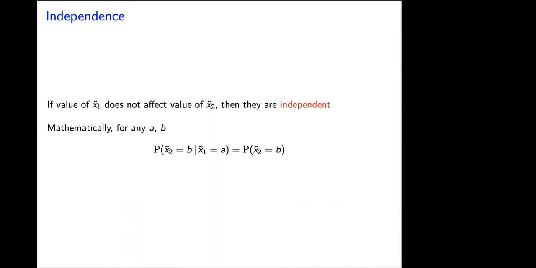Me putting on a particular pair of shoes today does not influence whether the subway is going to be shut down, nor do they have some shared factor, right? So then you would say that these are independent variables. So you would say the probability that the subway is shut down is equal to the probability that the subway is shut down, given that I have put on my favorite pair of shoes that I wear every day, right?